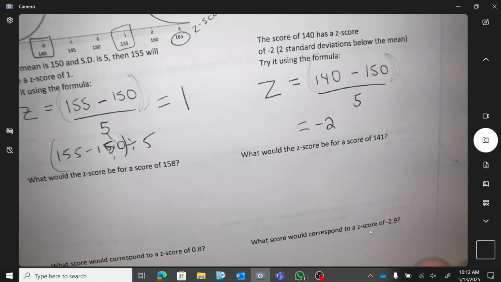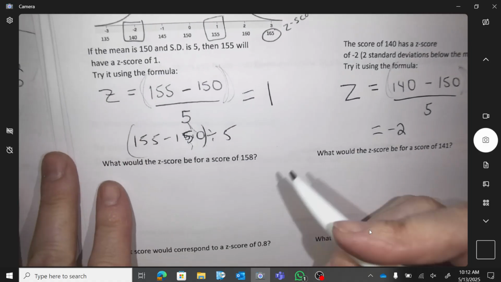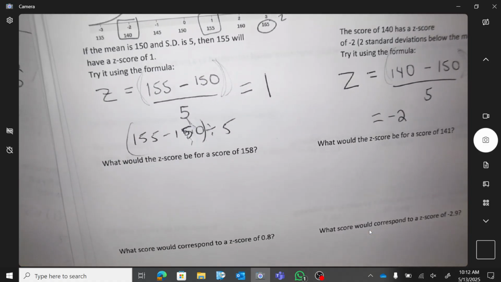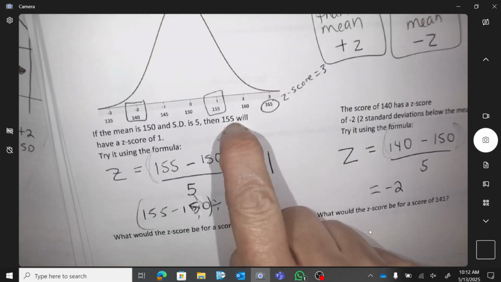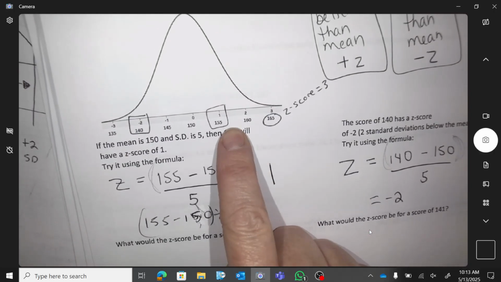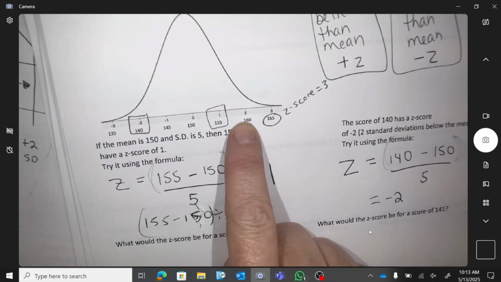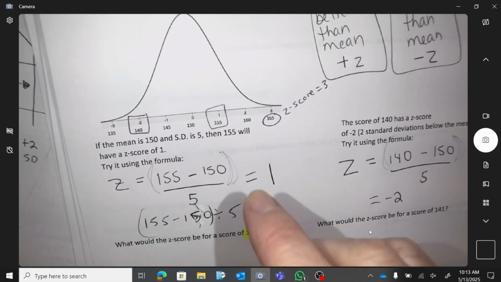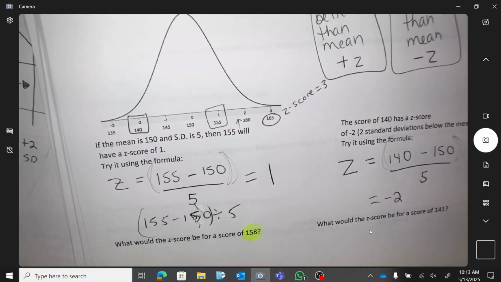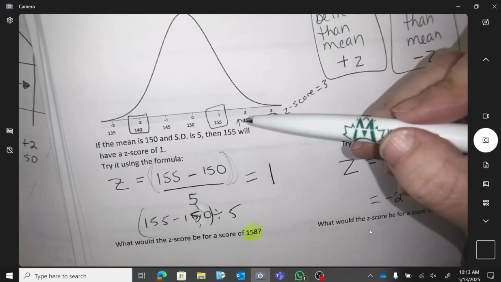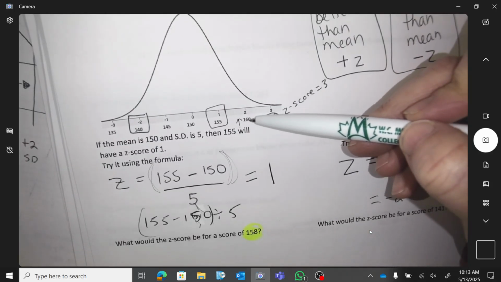Okay, now we're going to work with values that are not exact. Here's my next one, 158. Can we make a guess before we do the formula? 158, what do you think the z-score would be? I'm guessing about 1.8. Would that make sense? Because 160 is 2.